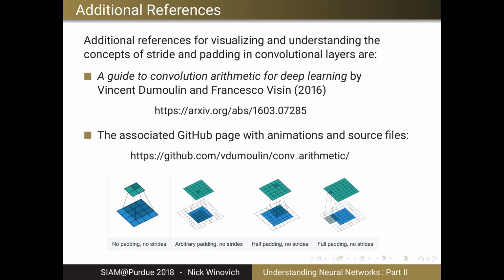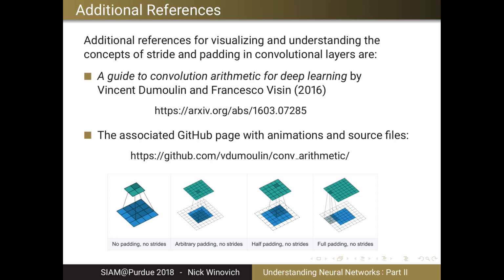Some pretty visual and informative references are provided by this paper here on arXiv, as well as the associated GitHub page. And so you can see some of these diagrams, and they have animations and the source code for how to make these animations, as well as some additional types of padding that are possible, but not defined by default in TensorFlow.